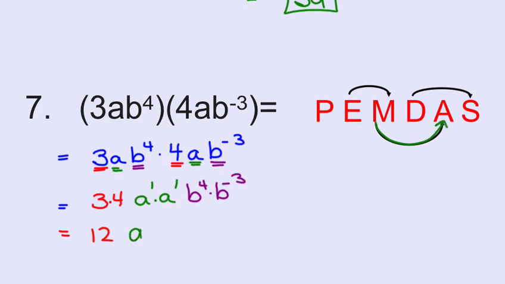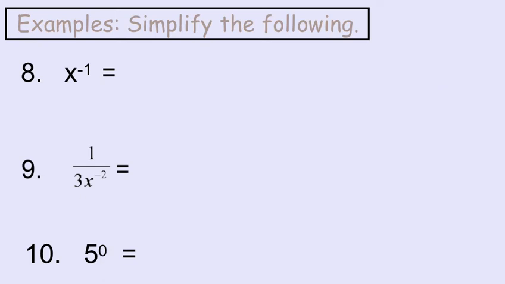So 1 plus 1 is 2. Now same thing again, we're going to add those powers. So we get 4 plus negative 3 is 1. All right, x to the negative 1. That's one of your negative power rules. So we're going to rewrite that as 1 over x to the positive 1.